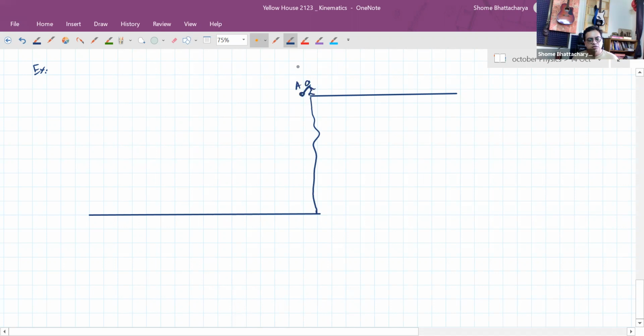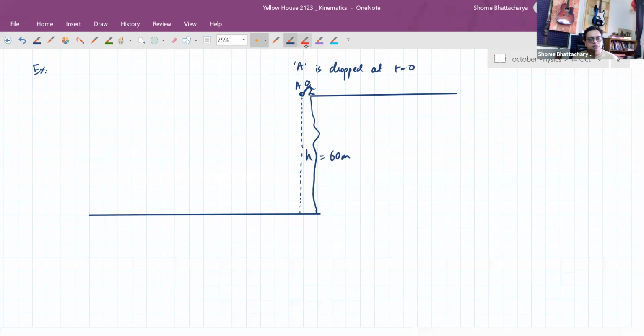Now this ball A is dropped at time t equal to 0, from a height of 60 meters. Now simultaneously from here, somebody kicks a ball like a football or something. So B is projected at t equal to 0.